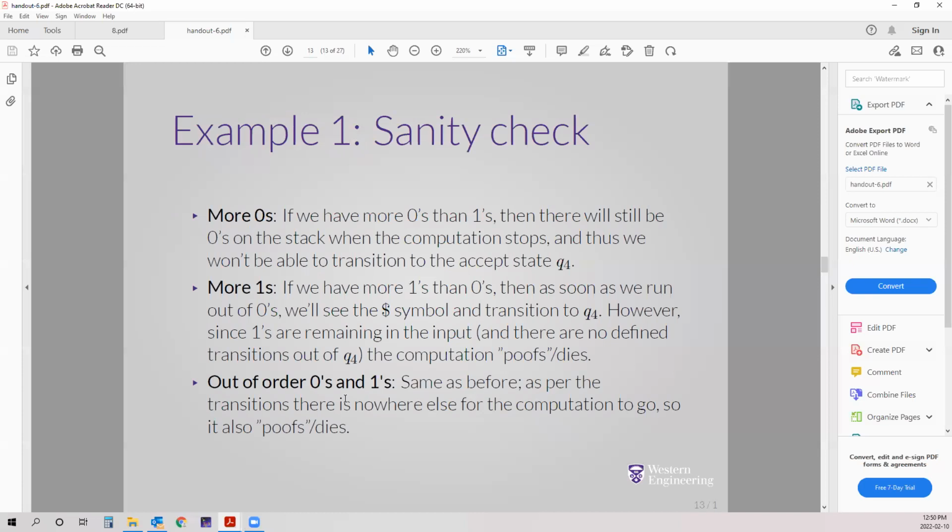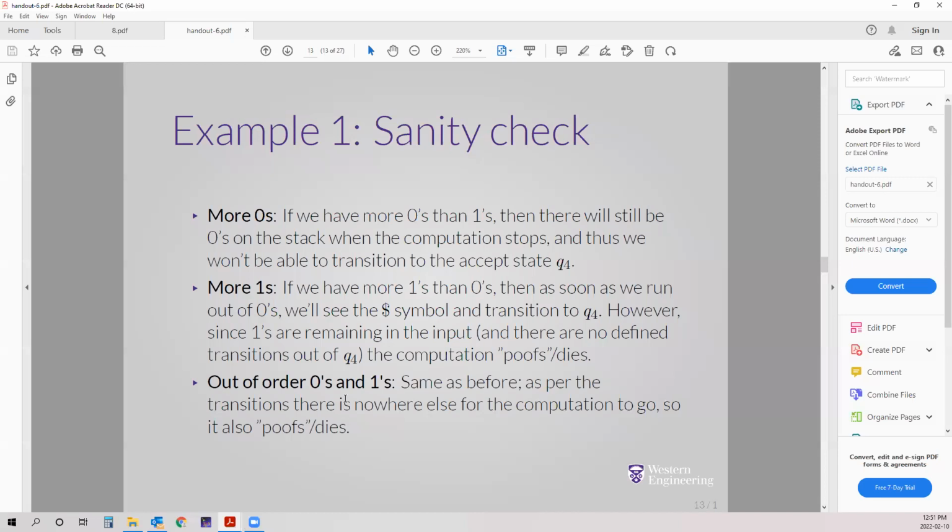So what would happen if we have more zeros than ones? Then there will be zeros on the stack when the computation stops, and thus we won't be able to accept. The state Q4: more ones. If we have more ones than zeros, as soon as we run out of zeros, we will see the dollar sign symbol and transition to Q4.